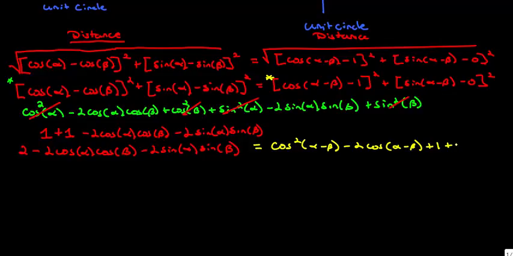So plus sine squared alpha minus beta. Again, notice over here on this side, cosine squared alpha minus beta plus sine squared alpha minus beta is equal to 1. So I got 1 plus 1 minus 2 cosine alpha minus beta.